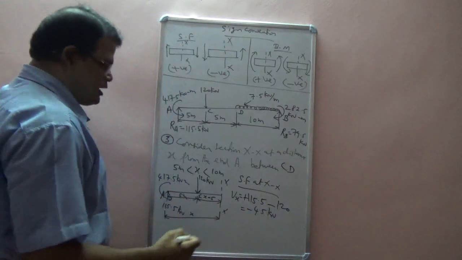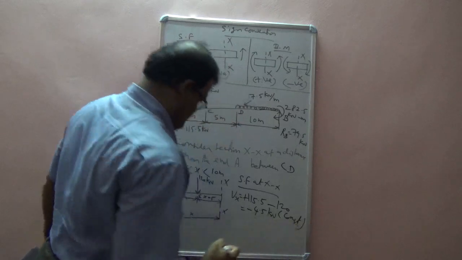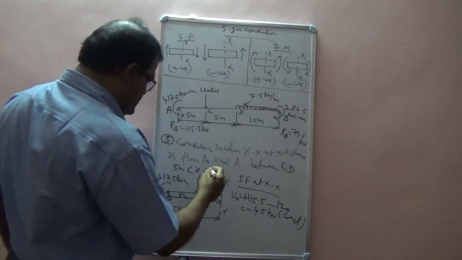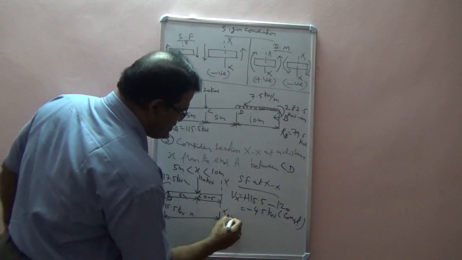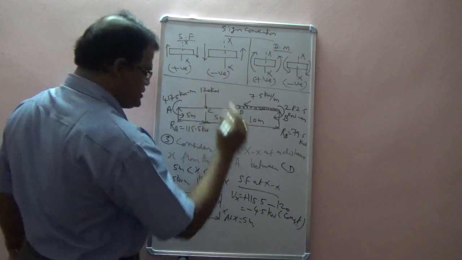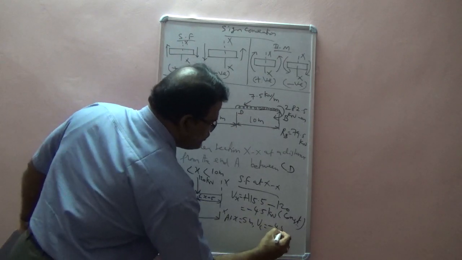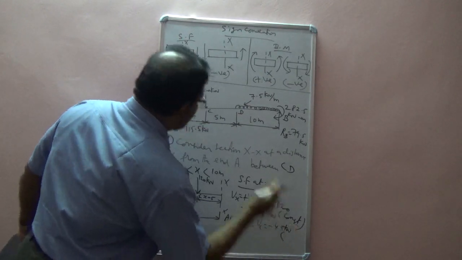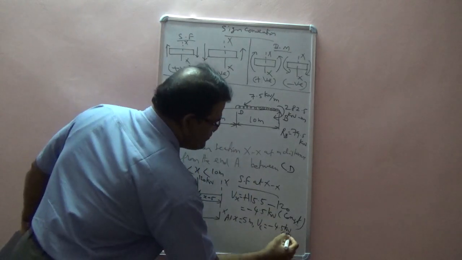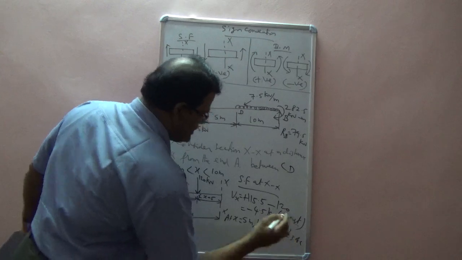This represents a constant. Now substituting the boundary condition at x is equal to 5 meter, that indicates point C, therefore VC will be equal to minus 4.5 kilonewton. It is right side of C.